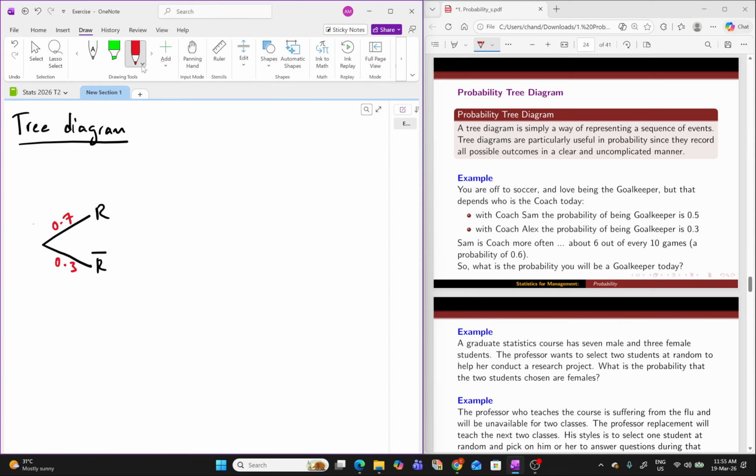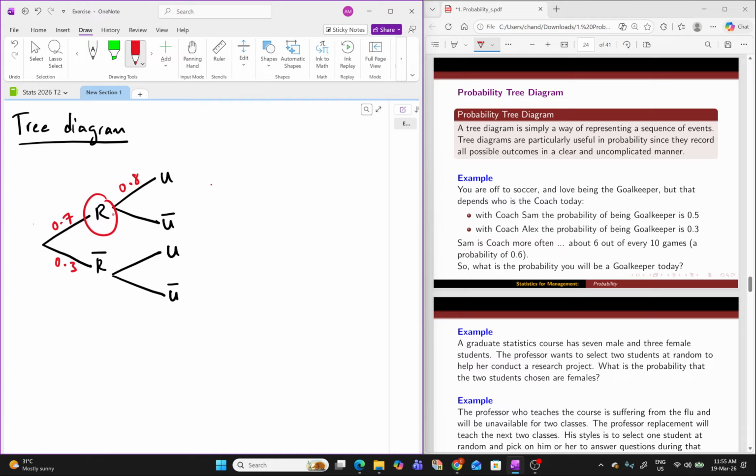Now, this is raining, not raining. Another branch from here: umbrella, no umbrella. If it is raining, the probability of you bringing an umbrella is 0.8.